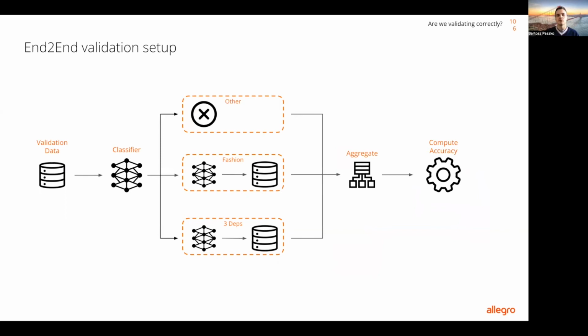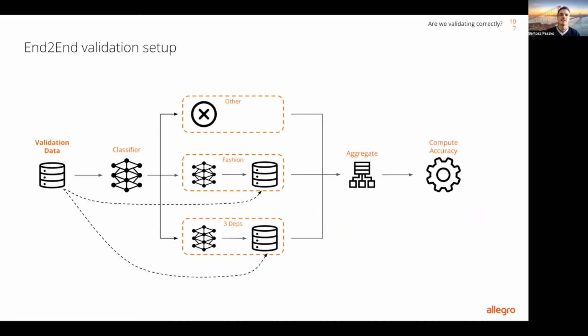To face this issue, we developed an end-to-end validation pipeline that tries to mimic our production and helps battle the previously listed problems. As you can see, the validation data is run through a small-scale copy of our production setup, where many of the real-life errors can occur.